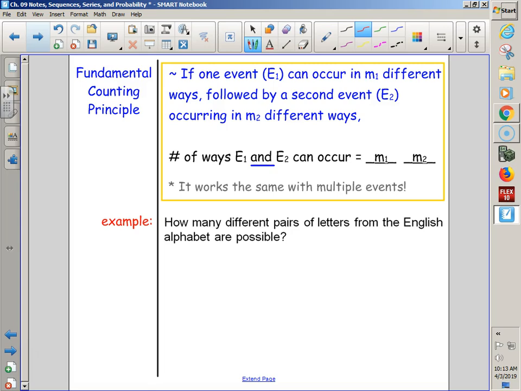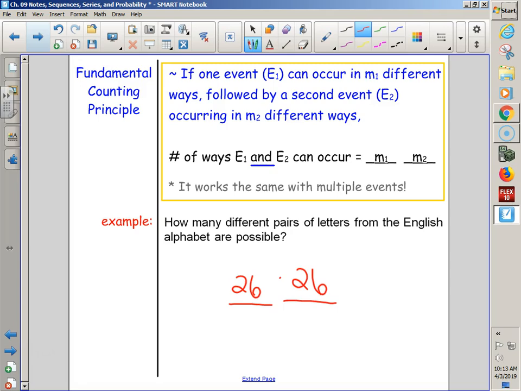It's 26 squared. But instead of having to think about the branching or actually write it all out and get all the different pairs, couldn't we just say, well, we have 26 options for the first, and each of those 26 has 26 options for the second? That's what this is saying. As you guys are writing, the fundamental counting principle.